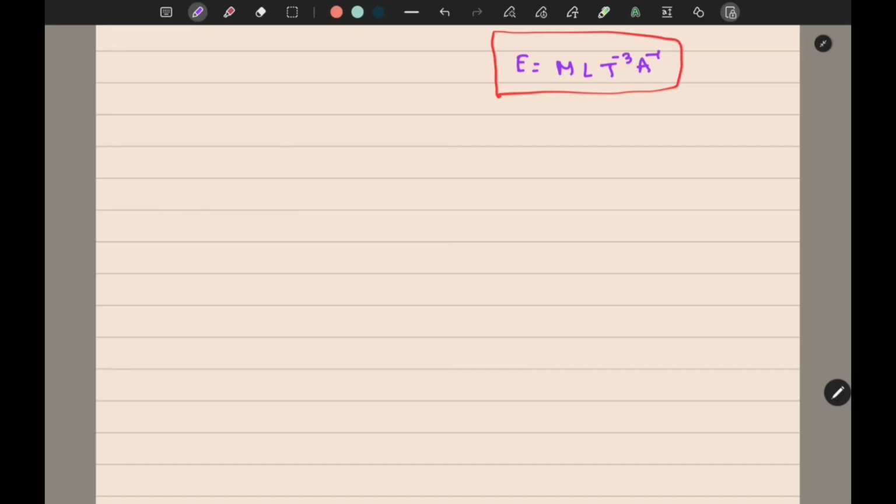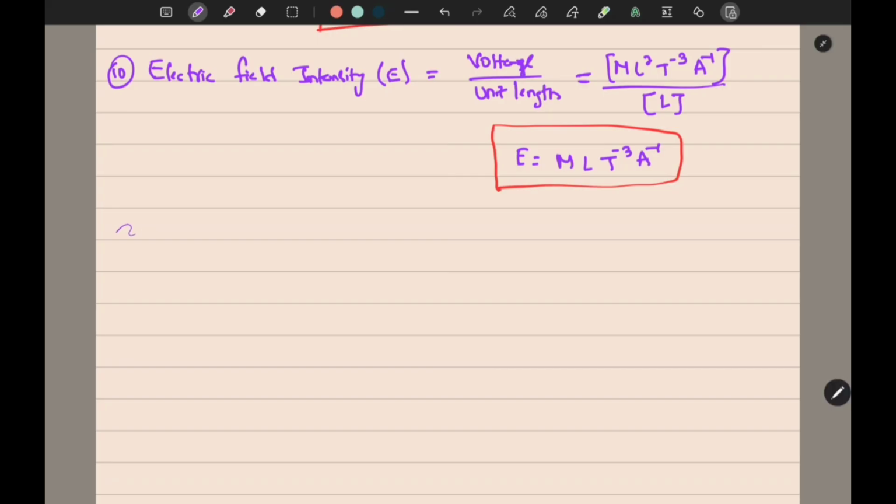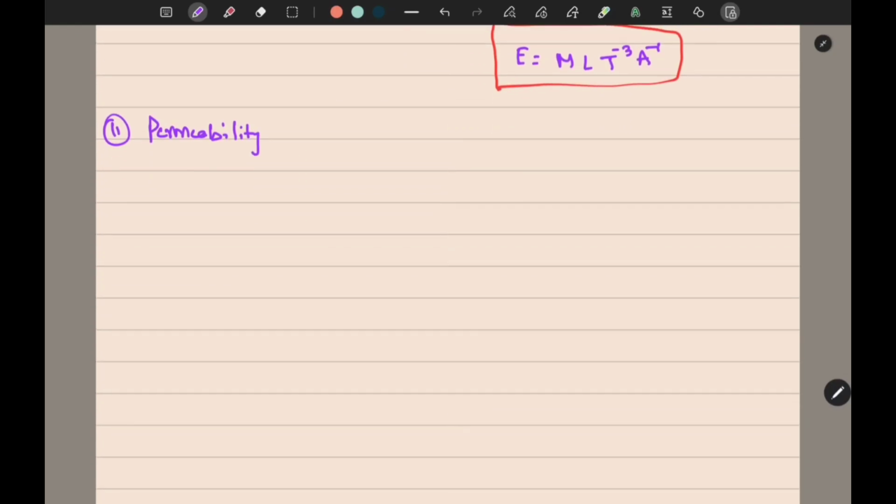Next quantity we can take is permeability.